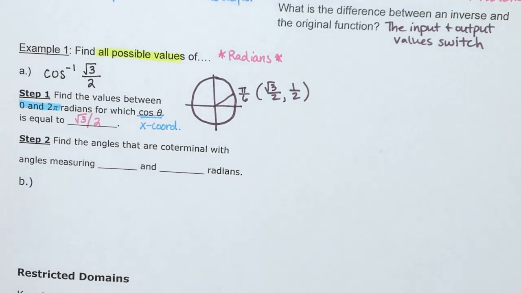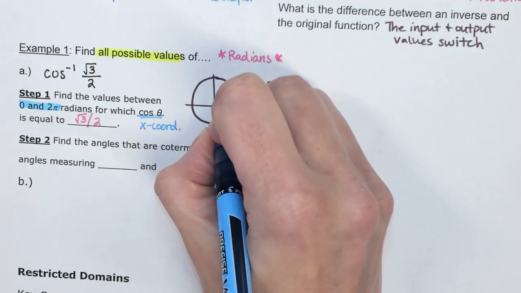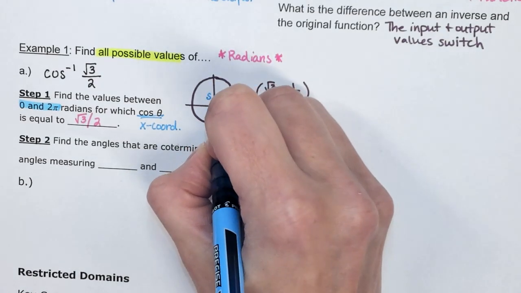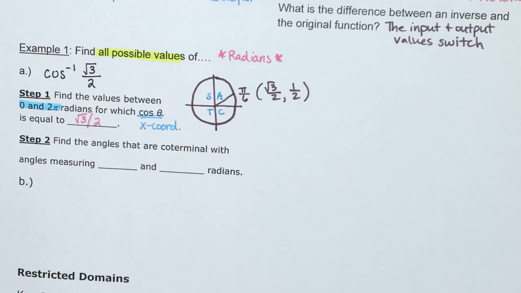To find the second place where you have root 3 over 2, we're going to use what we did to make the circle, which is the reflections. So we're going to talk about all students take classes. Do you guys remember what that means in terms of the unit circle?